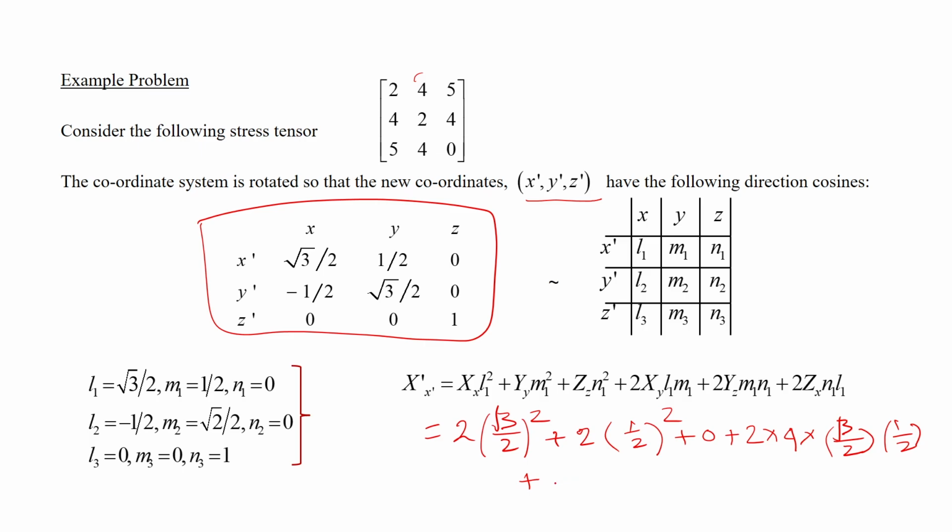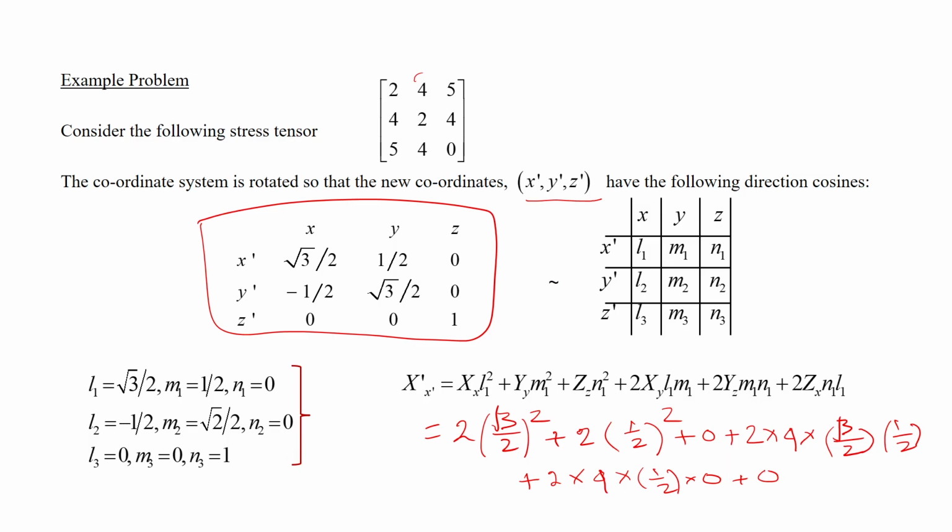Plus 2 sigma yz, and sigma zx. So, sigma yz is this component 4, so 2 into 4 into M1 N1, where M1 is half and N1 is equal to 0, so that is 0, and this term will also be 0, because again we have N1 and L1, and N1 is equal to 0.